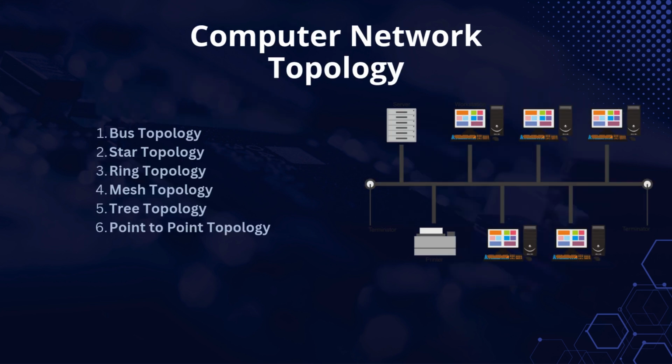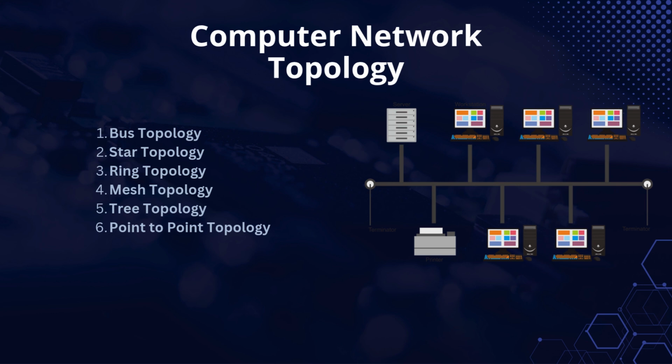So let's move on to computer network topology. Number 1 is bus topology. Second is star topology. Third is ring topology, mesh topology as follows, and tree topology, and finally point-to-point topology.